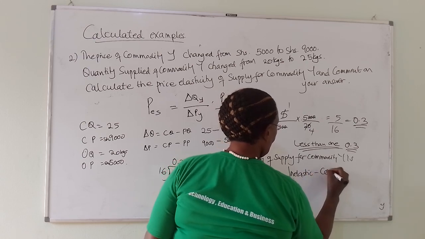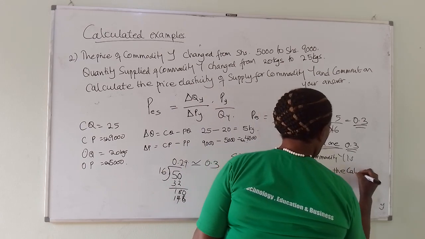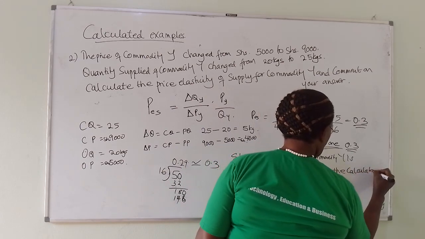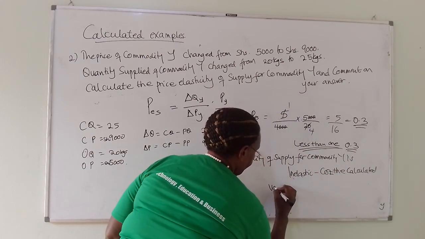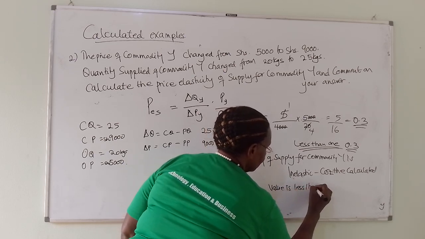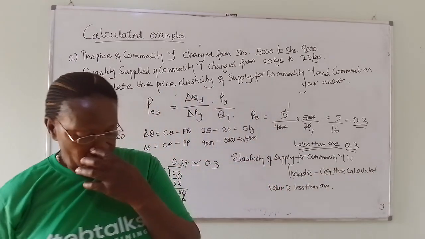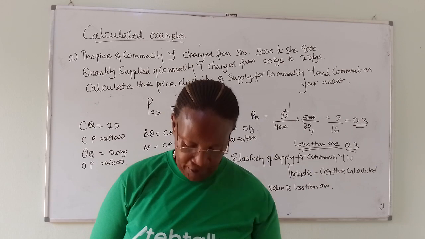Why? Because the calculated coefficient, the calculated value, is less than 1. The calculated value is less than 1.